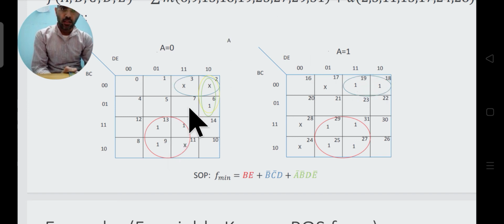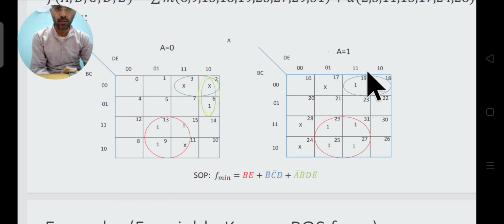So A is not going to come, whereas B bar, C bar will come. And then what about DE? So E is changing. Okay, so E is becoming 1 here and 0 here. So E will not come in the answer. Then the term is D. So corresponding to this particular quad, the term which we will get is B bar, C bar, D. So see this, B bar, C bar, D.